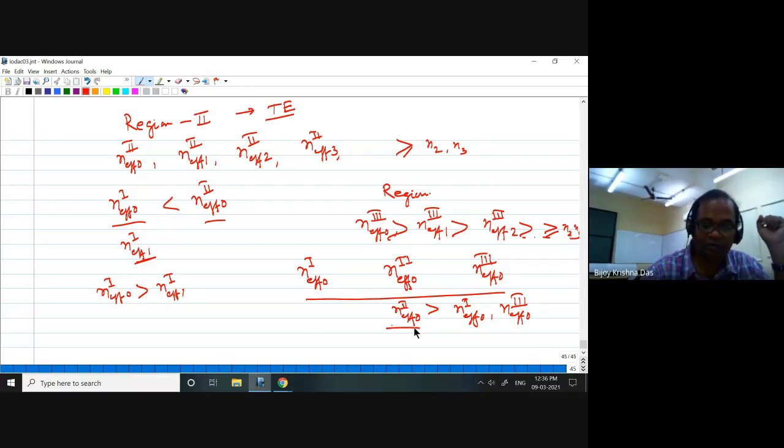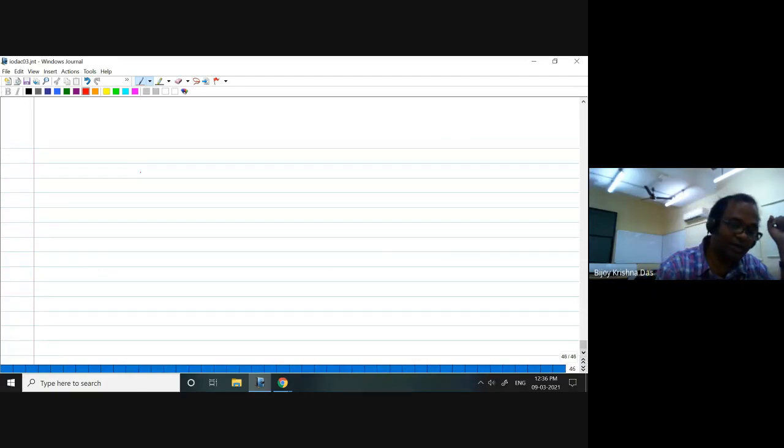So N effective fundamental will be higher. So I can construct a 4th 1D waveguide using this refractive index. I can consider region 2 as a core, and this is one side cladding, and this is the other side cladding. So I can model it like this.